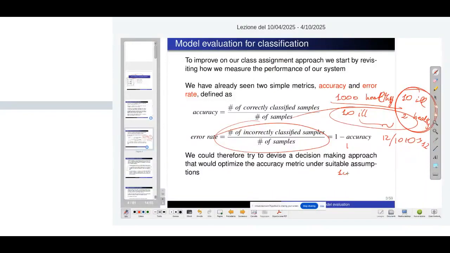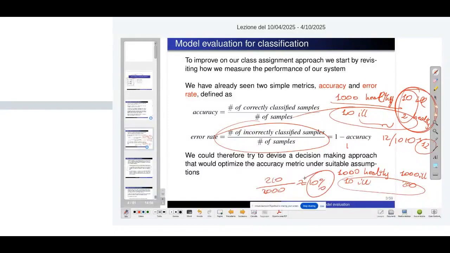Now imagine that I have 100 healthy and 100 ill patients. And then still I make mistakes for 20% of the ill patients, and the same for the healthy as before. Now the number of errors is 210 divided by 2,000. So the error rate now is around 10%. So depending on the number of samples that I have of the two classes, my error rate will change.